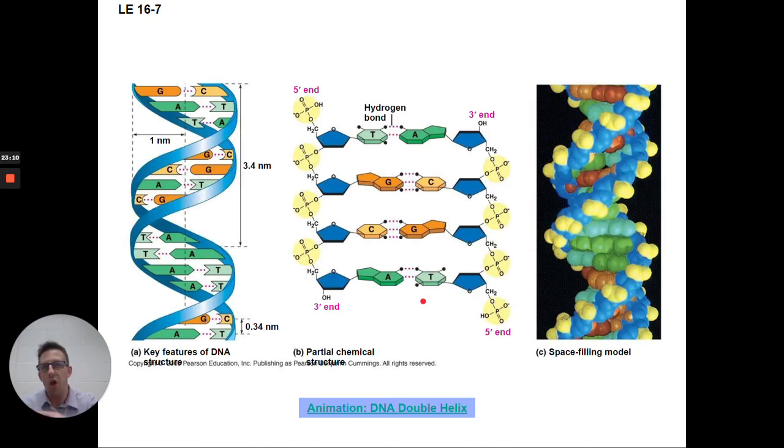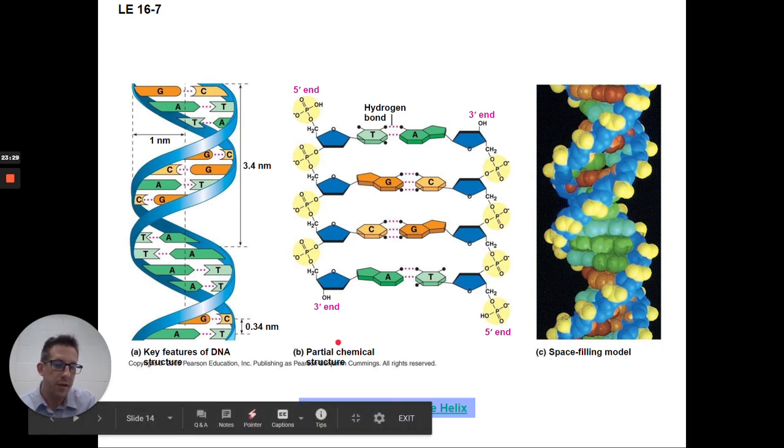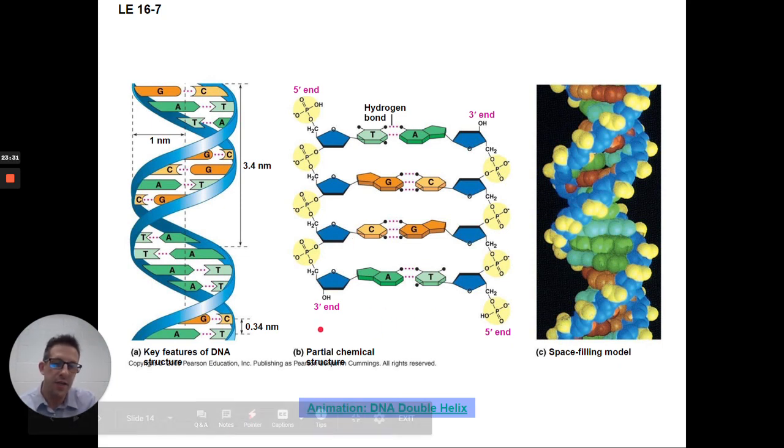Okay? All of this evidence combined, knowing that there are 2 strands of this stuff, knowing the fact that the purine has to match with the pyrimidine, knowing the fact that there's equal amounts of A's and T's, all of these things put together allowed scientists to understand this basic double helical ladder structure of a DNA molecule, where you have these simple base pair rules.